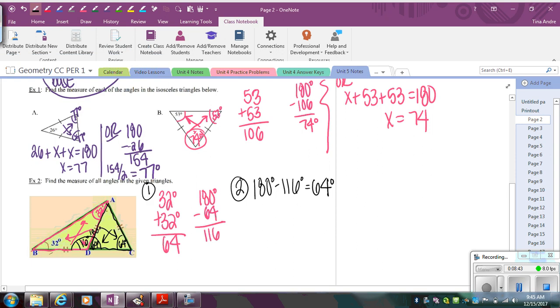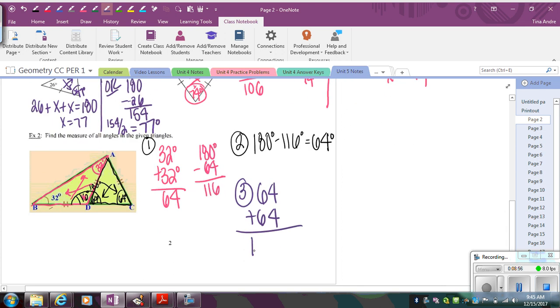And then to figure out the last angle, well, now all 3 of those have to add up to 180. So now I can add my 2 64s. So we get 128, and then subtract that from 180. And we end up with 52. So this angle right here is 52.